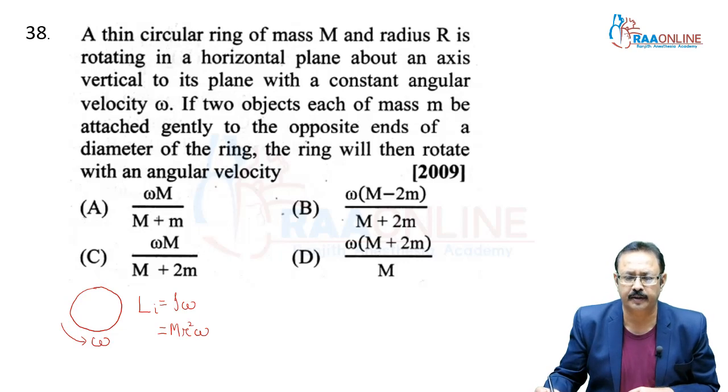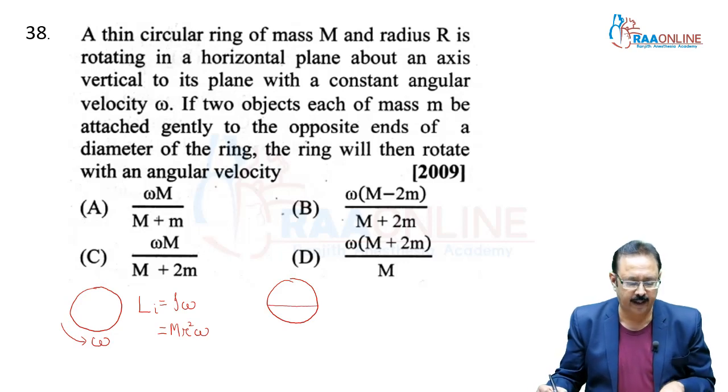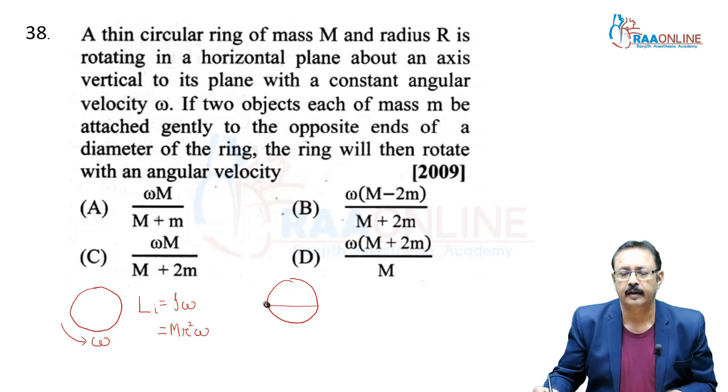What did you do? You put at the ends of the diameter two masses, one at one end, another at the other end, each of mass small m. The distance from the axis of rotation is r.